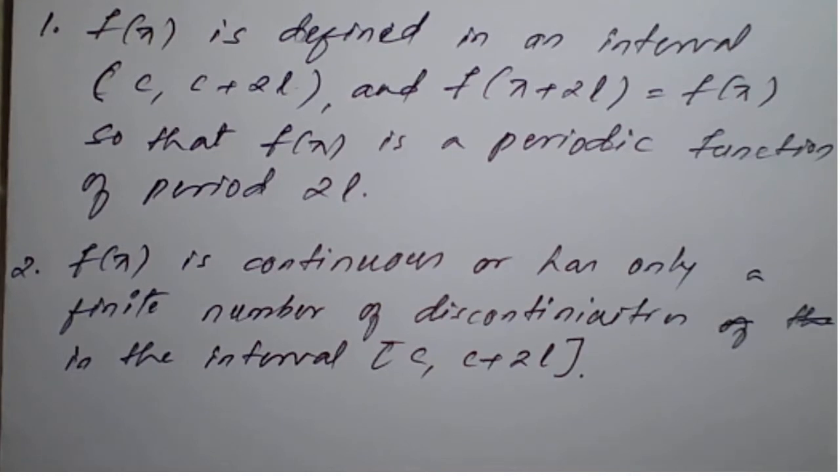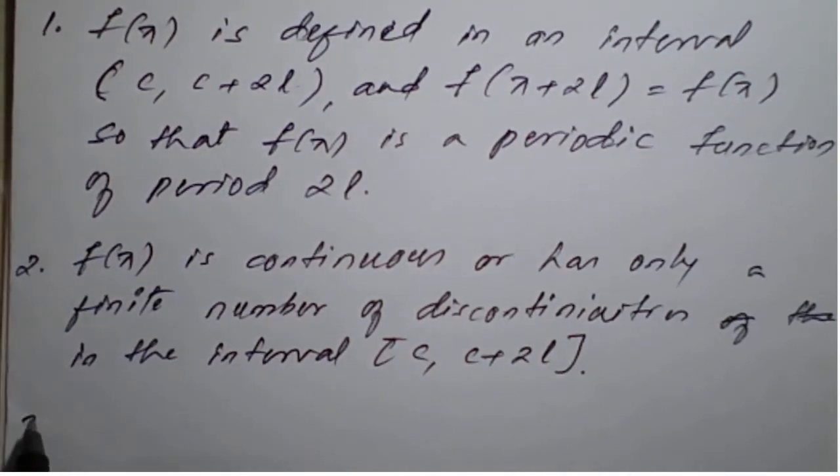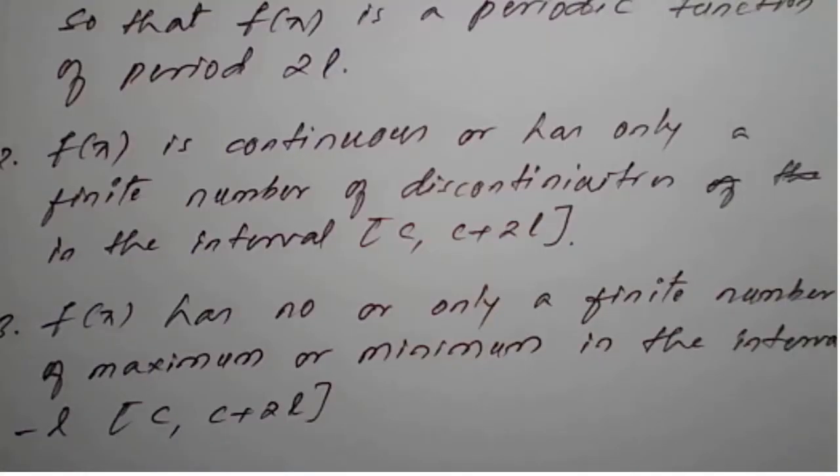And the third condition: f of x has no or only a finite number of maxima or minima in the interval c to c plus 2l. Now we'll see.